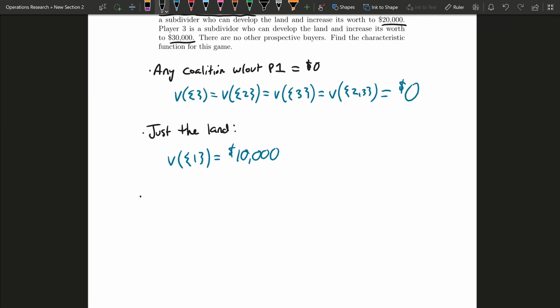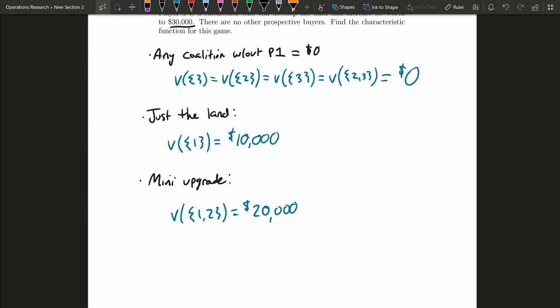So if we do the mini upgrade, this is going to be characterized as V of player 1 and player 2, and that's going to give us a reward of $20,000.